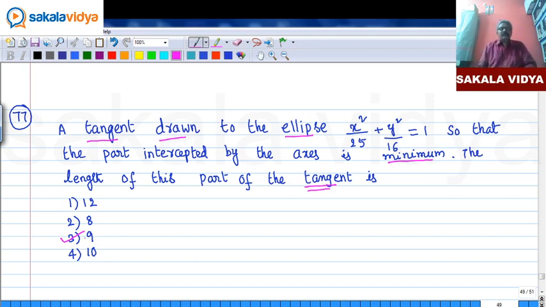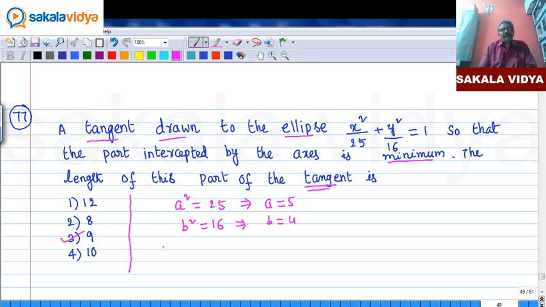Now, the tangent drawn to the ellipse x square by 25 plus y square by 16 is equal to 1, so that the part intercepted by the axes is minimum. The length of this intercept of the tangent we can remember like this. Here a square is equal to 25, so a equals 5. b square is equal to 16, so b is equal to 4.